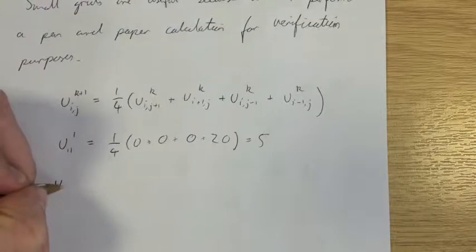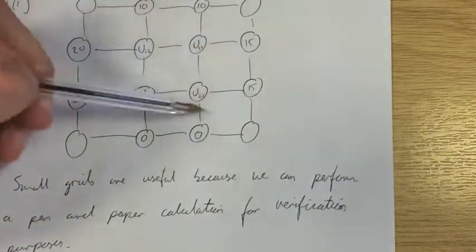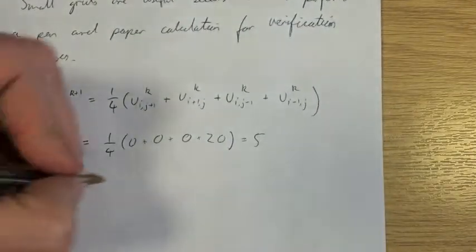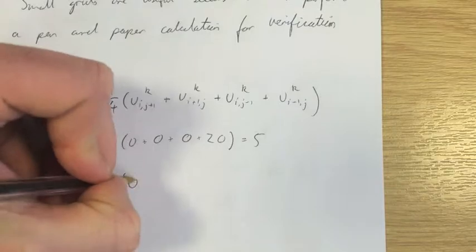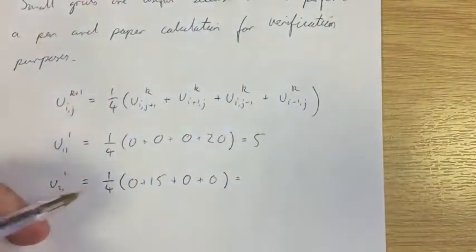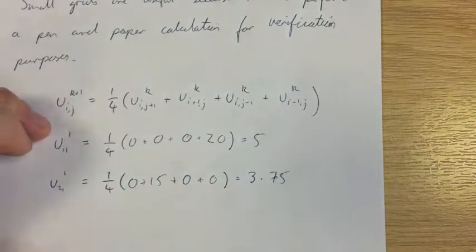So that's of course 5. For u21, going back to the grid, I'm going to have 0 plus 15 plus 0 plus 0. So that's a quarter of 15, which is 3.75.